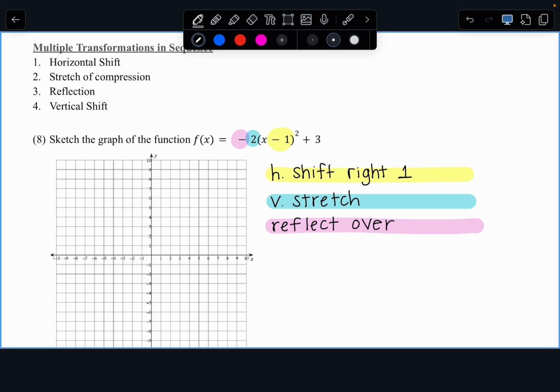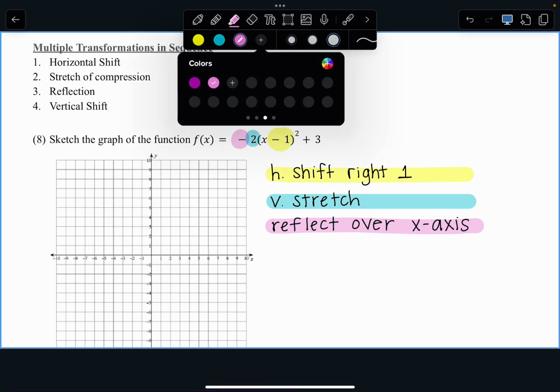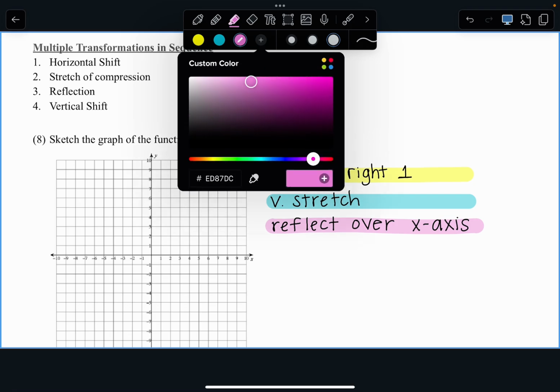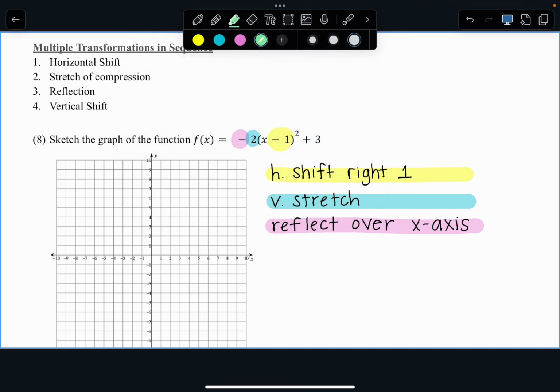It's with your y value. So if you're going from a positive to a negative y, that's reflecting over your x-axis. And the last one, yeah, let's do a green, I guess. The last one is a vertical shift up 3.